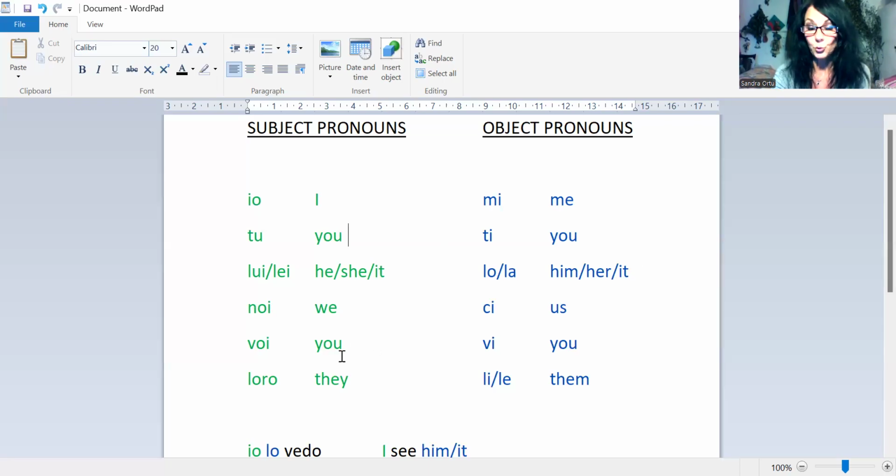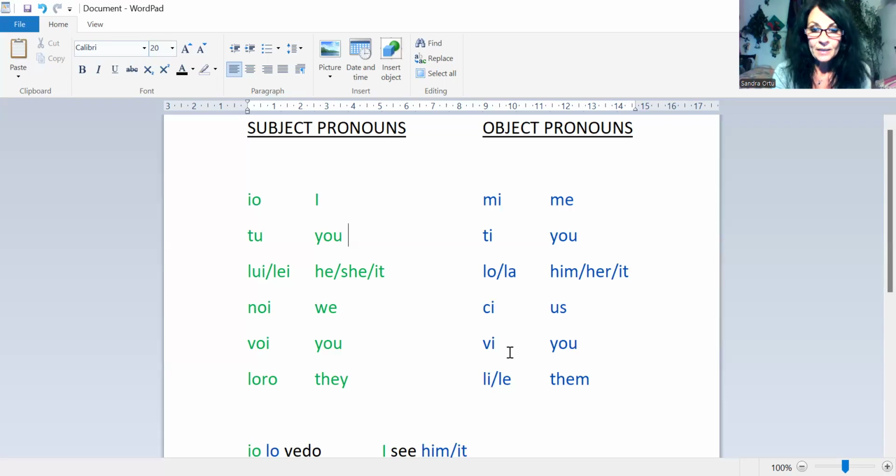And then you have you, the you plural, again as a subject and as an object. So you have to distinguish it in English first, and then it will be easier when translating, especially from English into Italian, unless you're thinking immediately in Italian. So you have to make sure that you can distinguish them in English first.